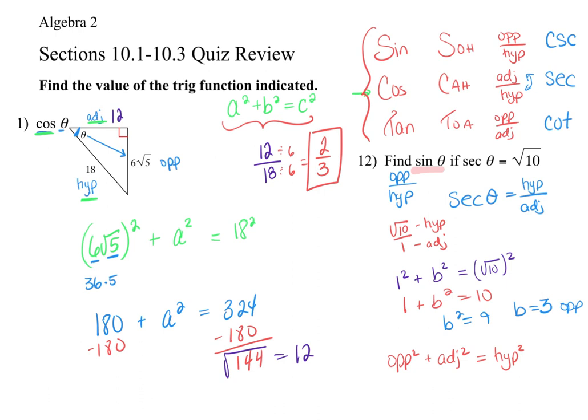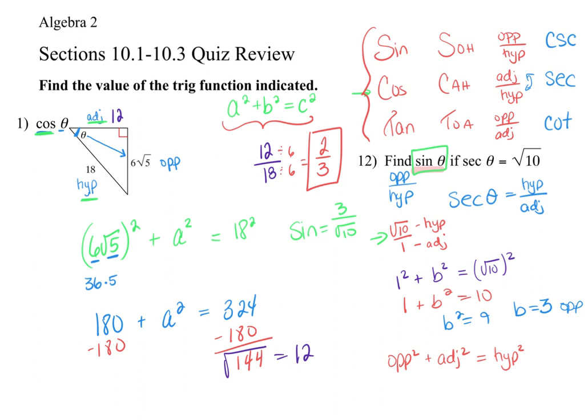What is the trig function that I'm looking for? I'm looking for sine of theta, right? So the sine of theta is what two sides? I just found my opposite. I need to put that over what? Hypotenuse. I know my hypotenuse because they told me that at the very beginning. So if I'm looking for sine, then I'm going to say opposite, that's 3 over hypotenuse, which was the square root of 10. All right?